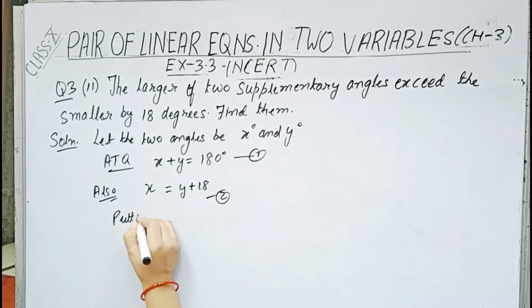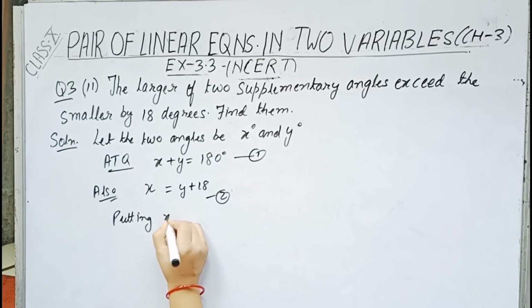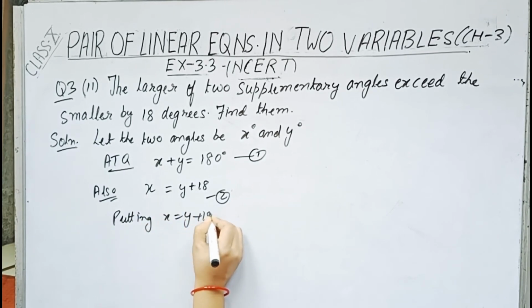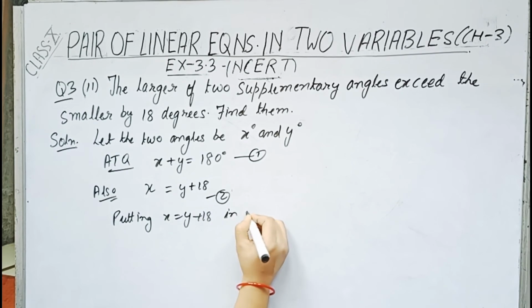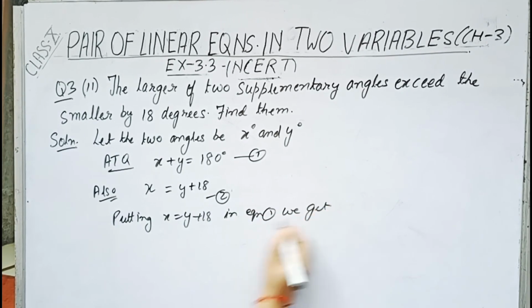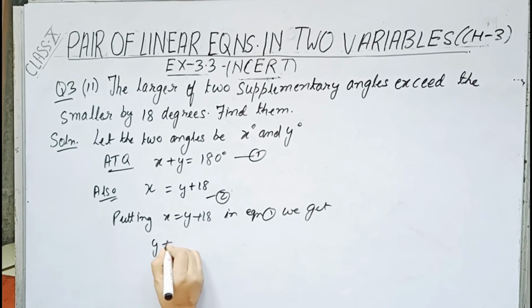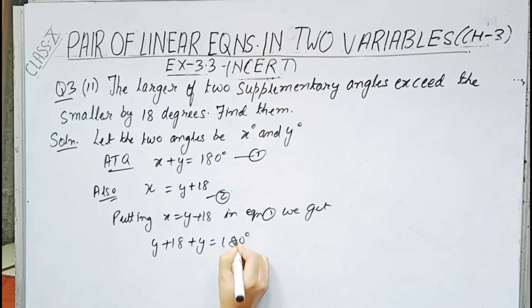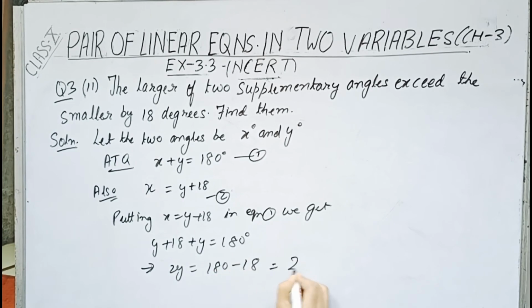Putting x equals y plus 18 in equation 1, we get y plus 18 plus y equals 180 degrees. This implies 2y equals 180 minus 18, which is 162 degrees.